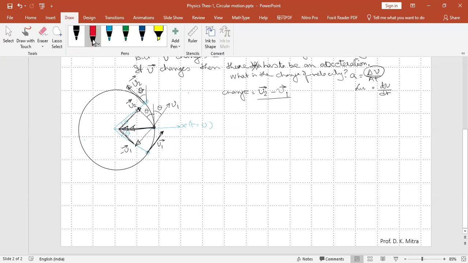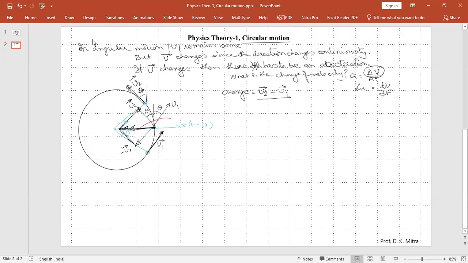So it is very important to notice this v2 minus v1 is along the radius, towards the center.